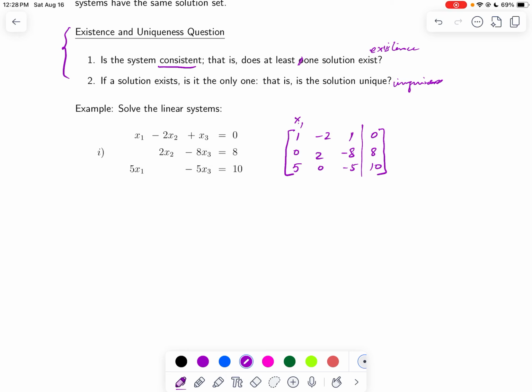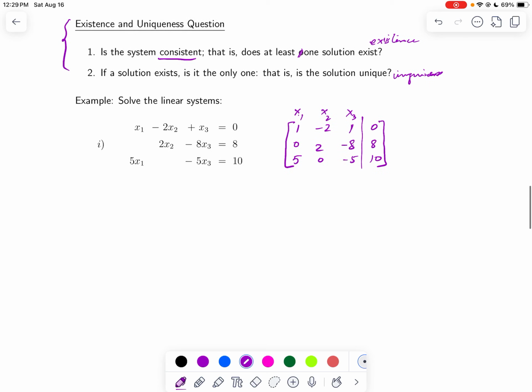The second column containing -2, -8, 0 holds the coefficients of x2, and 1, 8, -5 are the coefficients of x3. But in our book, they don't use this line, so it's up to you. If you want to use it, good. If not, that's okay, as long as you remember that the last column represents the numbers on the right side of the equality sign.